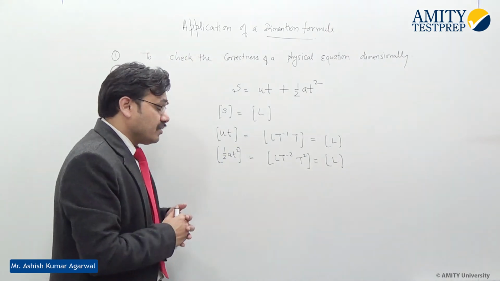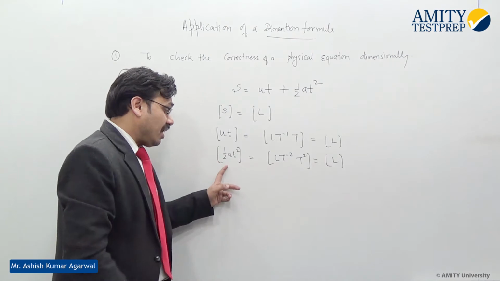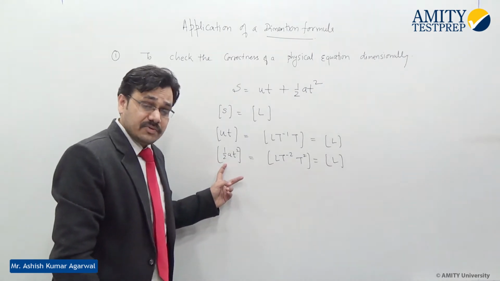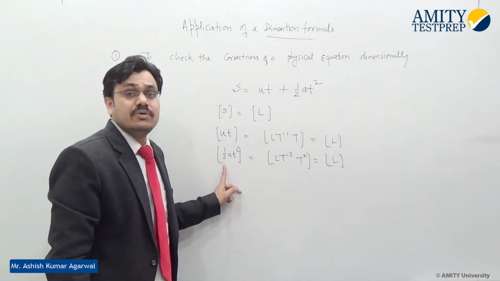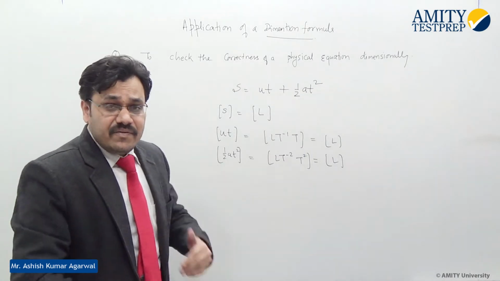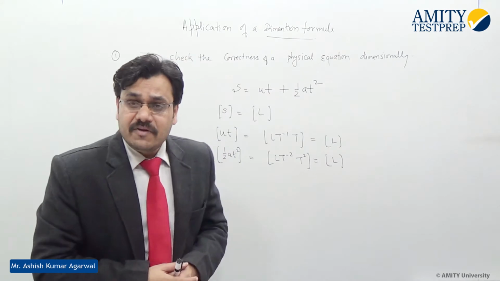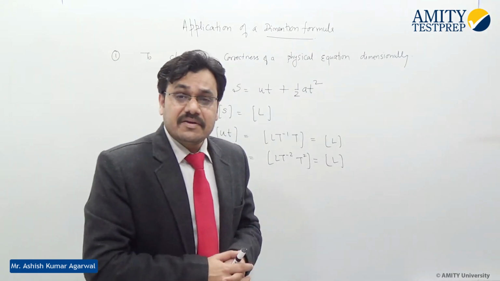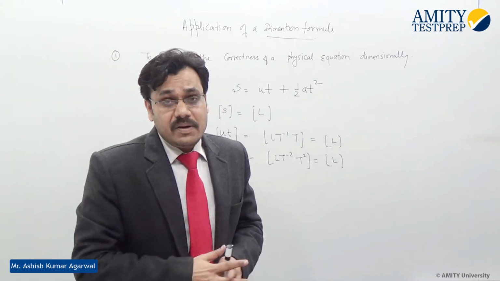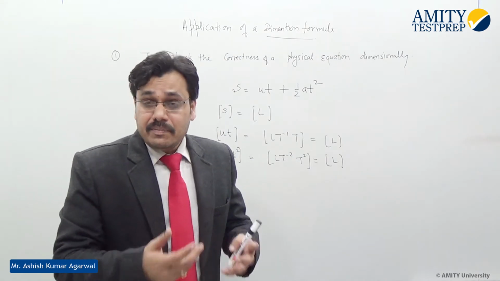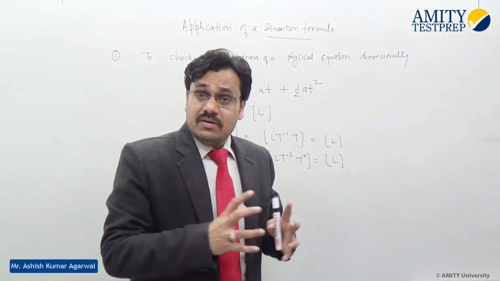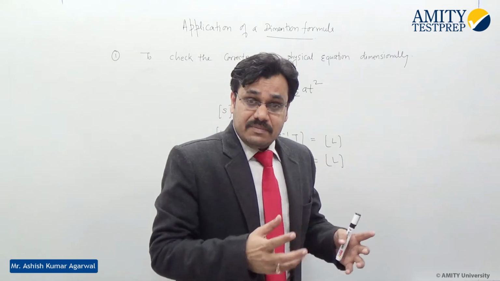But here it is worth noting that in half at square, this half has no dimension. So when we check dimensional correctness, we can't say whether this formula is correct or not. The formula may be dimensionally correct, but overall that formula can be wrong mathematically.